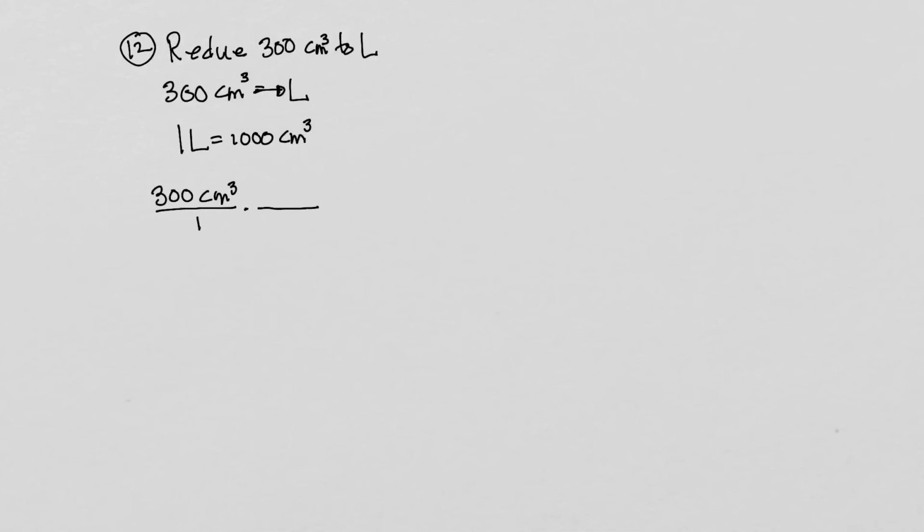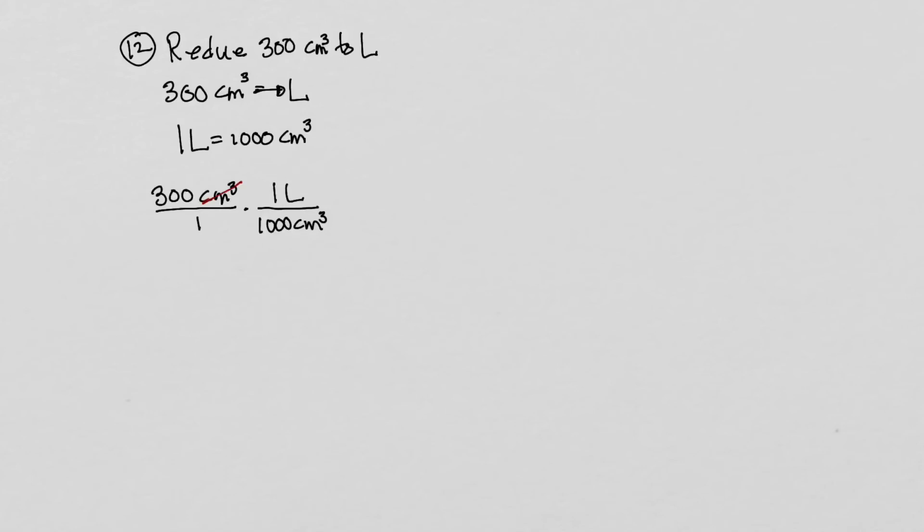And again, as in the other problems, there's a direct conversion here, liters to centimeters. We want liters on the top, centimeters in the bottom to cancel. So let's write that. So we're going to have 1,000 cubic centimeters in the bottom, and 1 liter in the top.